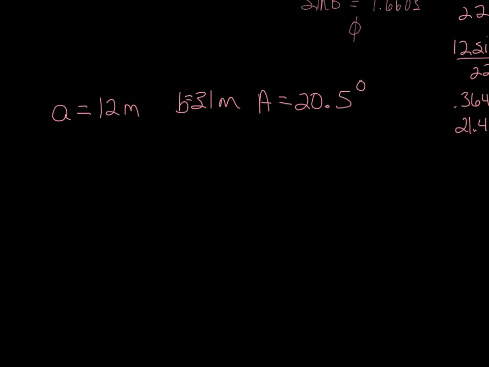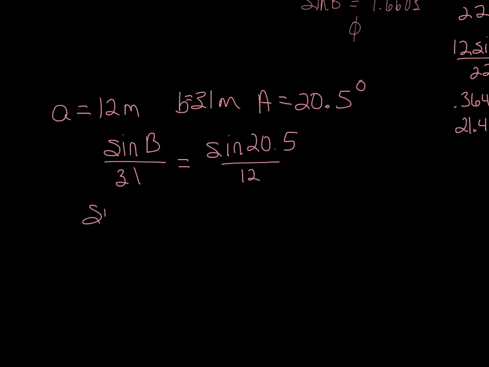So I'm going to have to find angle B. So the sine of angle B over 31 is equal to the sine of 20.5 over 12.